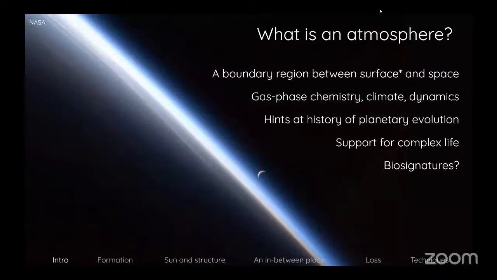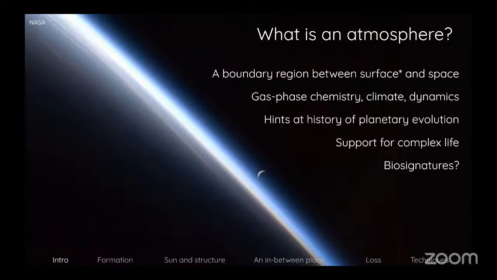Okay, so we'll start out really basic. What's an atmosphere? We might already know this, but there's a lot of different aspects that go into it. I think of it as kind of this boundary region between surface and space on a planet, and there's an asterisk there because, of course, not every planet has a surface. And within atmospheres, there's lots going on.